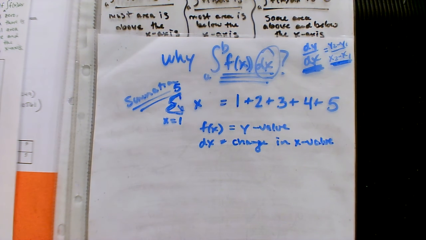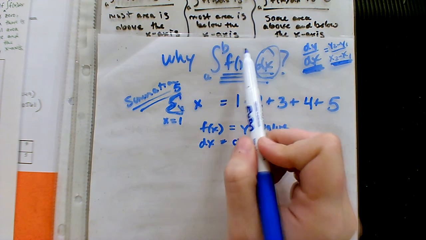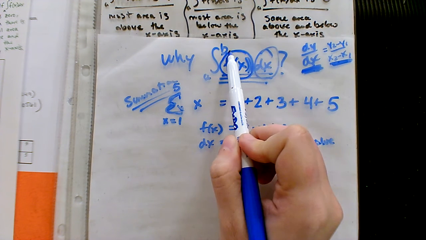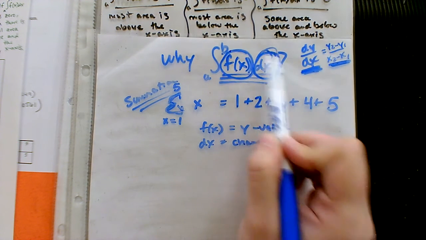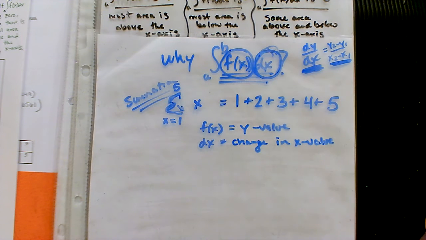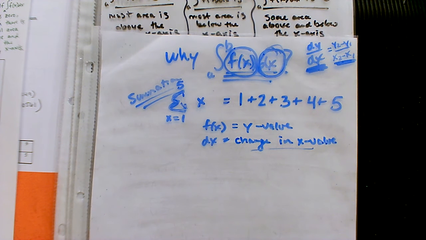So if you think about the Riemann sums that we were doing and think about the geometric shape of a rectangle, what happens if you take a y value times an x value? Okay, a change in an x. A y value means height. X value means, yeah, you get an area, right?